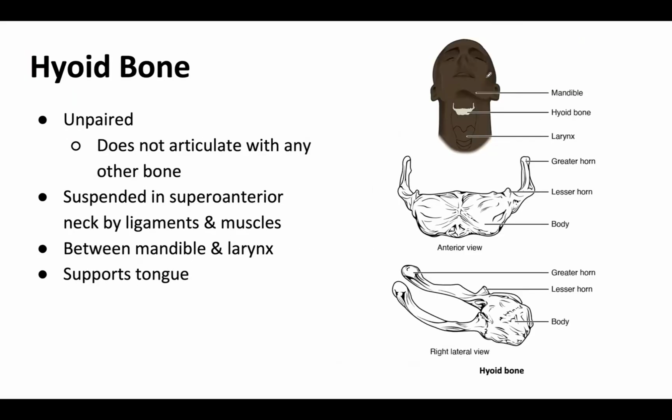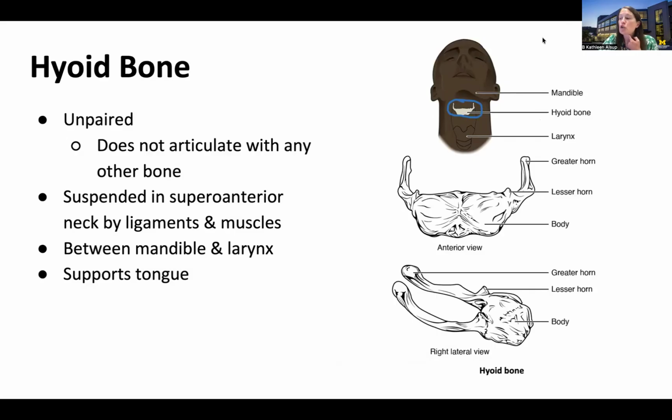So we will start with the hyoid bone, which is an unpaired bone located in the anterior and superior portion of the neck. If you're palpating your own neck, generally the very first thing you'll feel is the thyroid cartilage, so that laryngeal prominence of the top portion of the larynx.